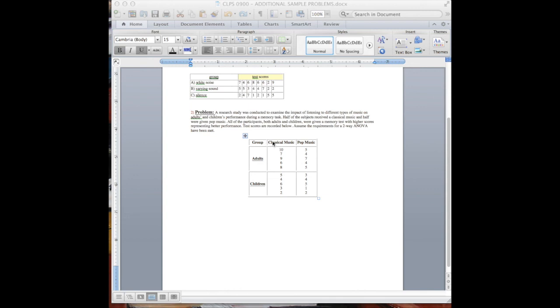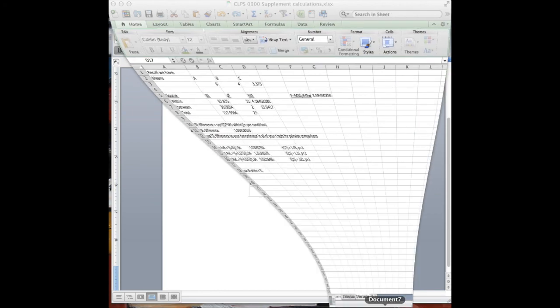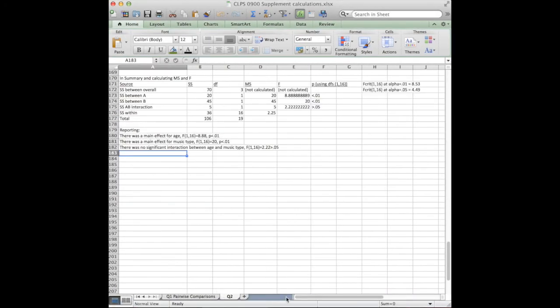And then your second factor would be type of music with 2 levels, classical music and pop music. And then this is just the data. So I'm going to reproduce that in the Excel sheet.